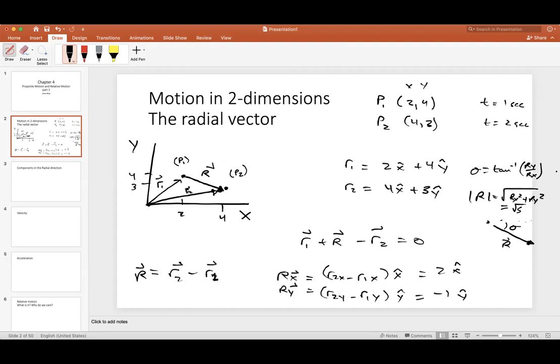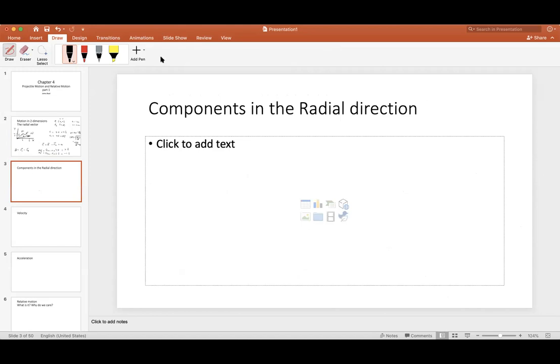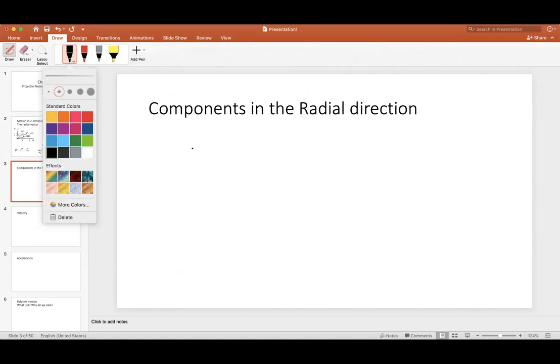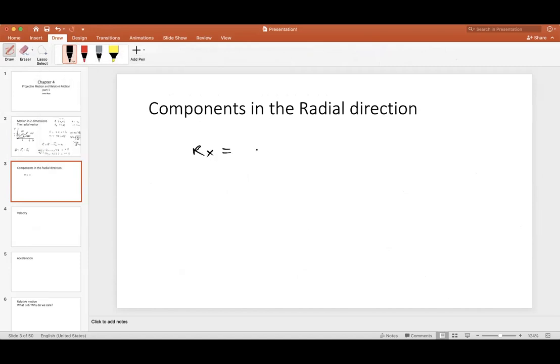Okay, so all of this, the components of your R vector are exactly what we've done before. Rx and Ry, but Rx here is x2 minus x1, and Ry is y2 minus y1.